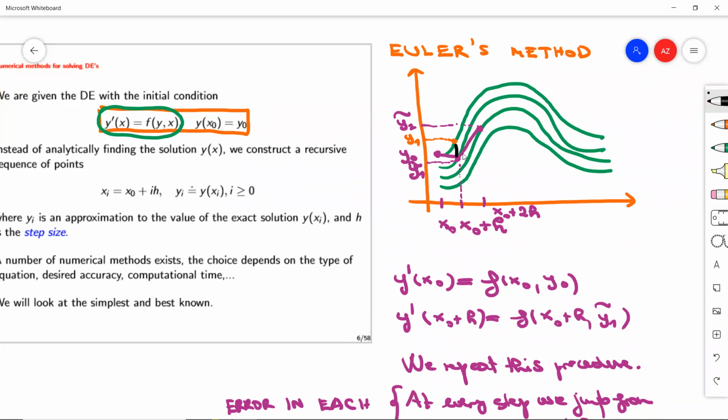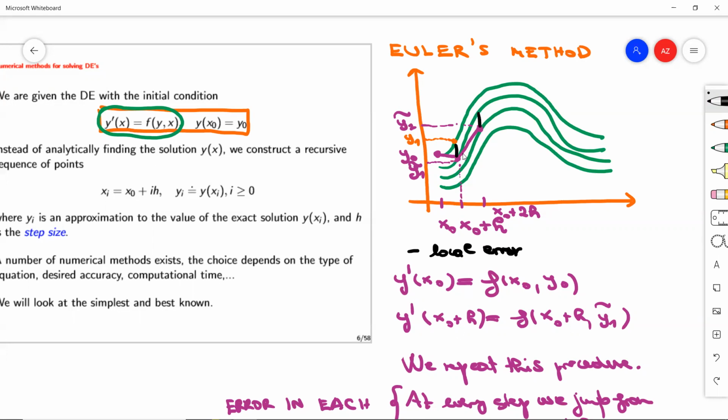So this I will write with black will be local error. In the second step, the local error is not the difference between our estimation and the actual solution, but only the difference between the second and third curve in the family.